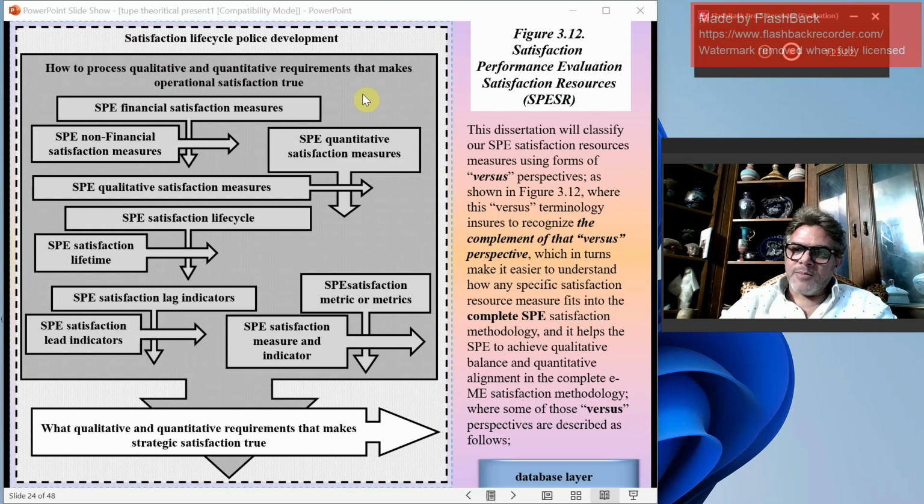So true satisfaction equals true qualitative satisfaction union true quantitative satisfaction. So it's the quantitative and qualitative requirements plus the process to achieve satisfaction.